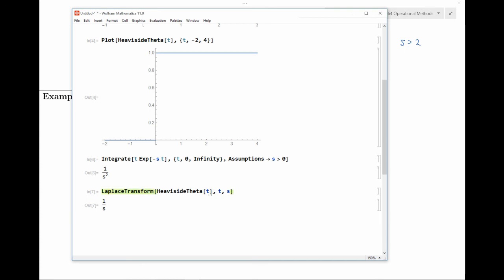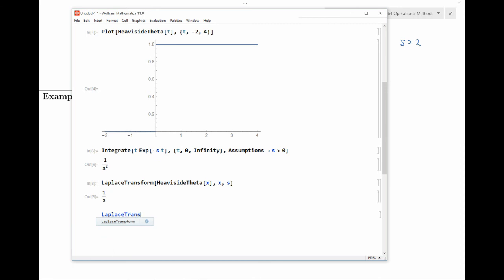If I change the name of the variable to x, that's what's going to be the result. Quite simple. So what is the Laplace transform of the Heaviside function of t minus alpha?